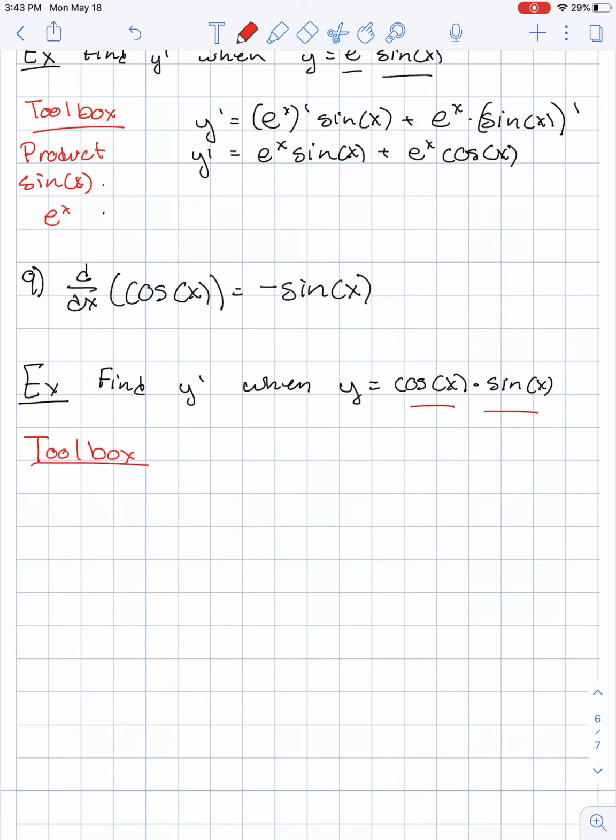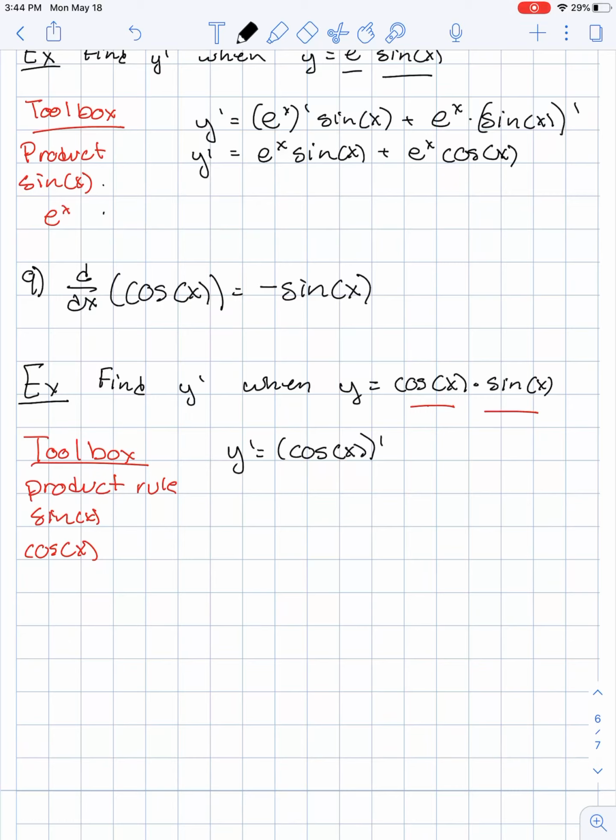What am I going to use? I have a function of x times another function of x, aka a function of x as I'm putting x in and getting something back out. So that means I'm going to use product rule. And sine of x, and then my newest derivative rule, cosine of x.